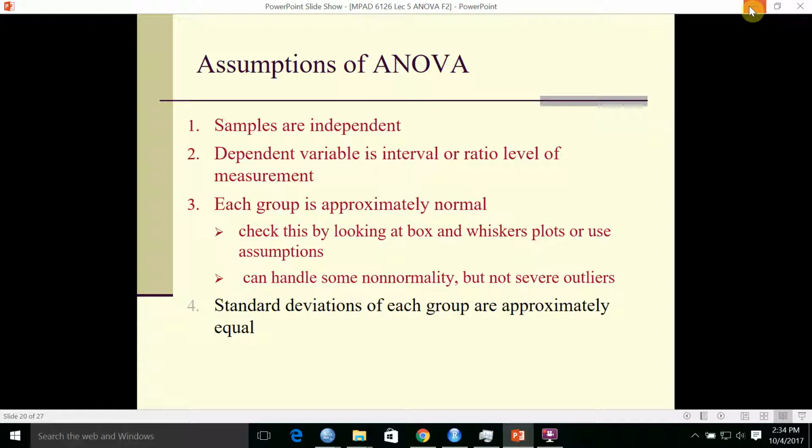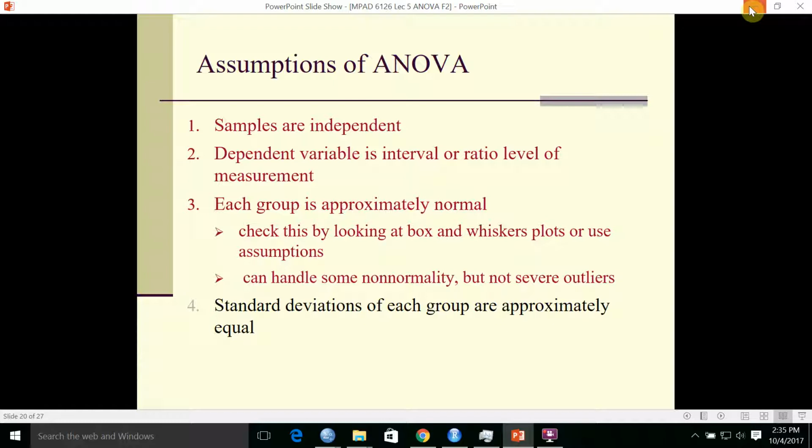So if there were one outlier that was really huge, it might significantly pull the group mean out and make it different from the other groups, even though maybe those other groups wouldn't necessarily be significantly different if that outlier were excluded. So you should run a box and whisker plot and check for really severe outliers.